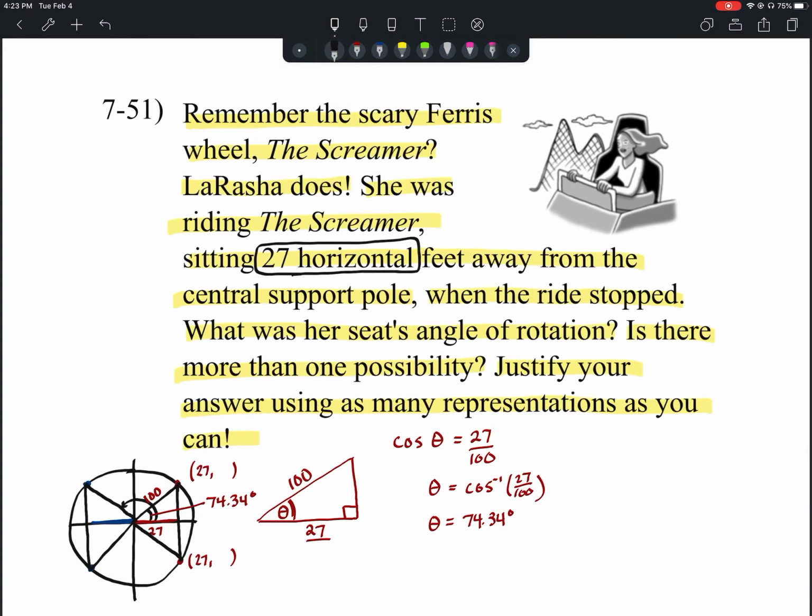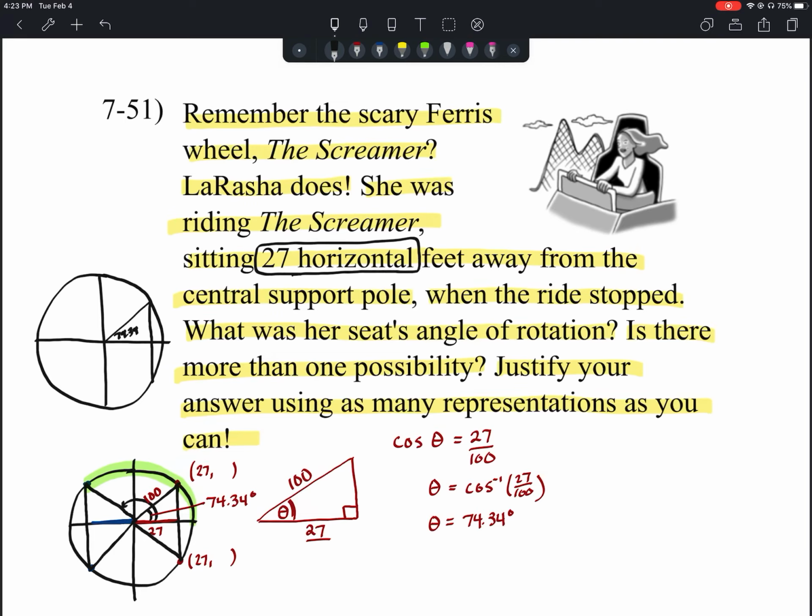As we look at other angles, let's say she's gone from the start all the way around to here. Remember, when we're dealing with our angles in the unit circle, we've already talked about our reference angles. If we think about the angles in our bow tie, this was 74.34.